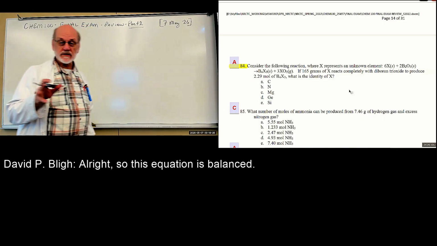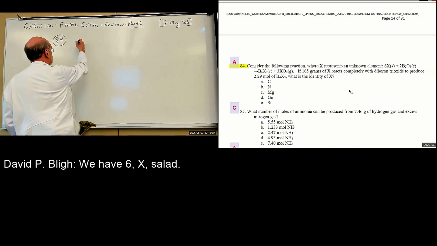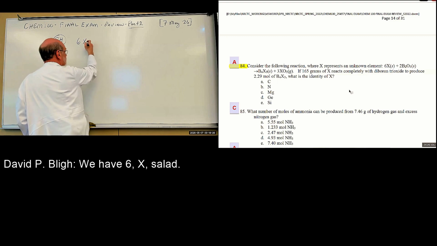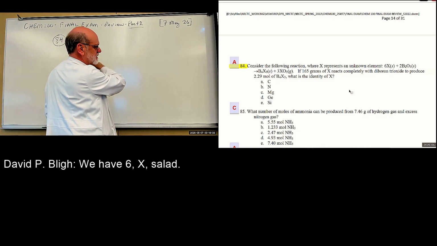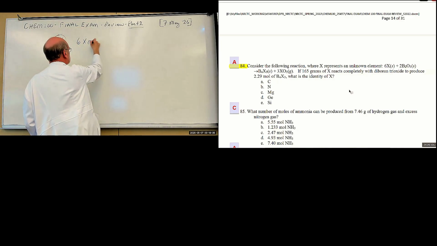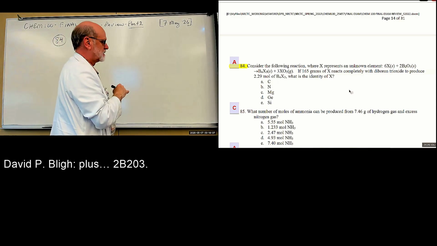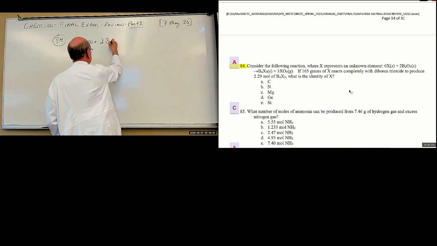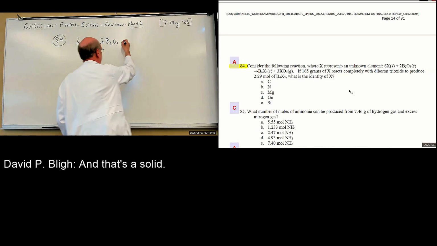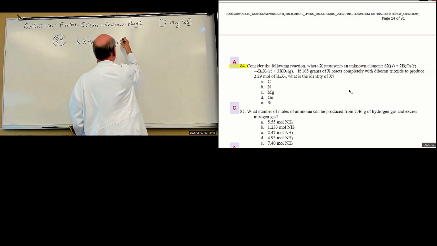All right, so this equation is balanced. We have 6X solid plus 2B2O3, and that's a solid.